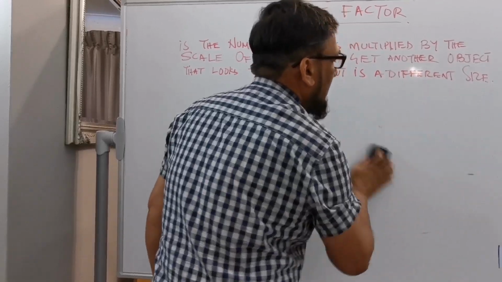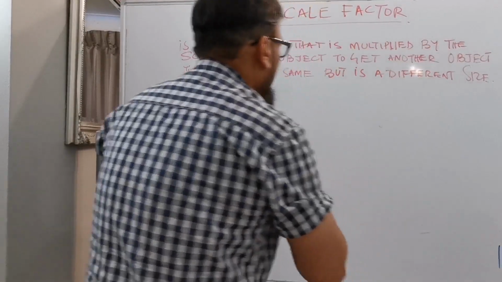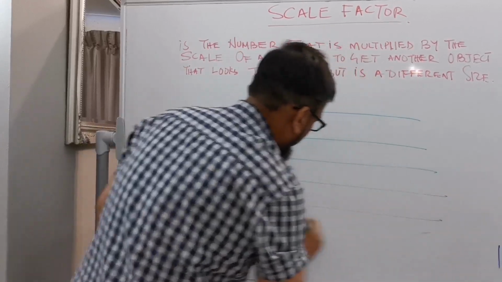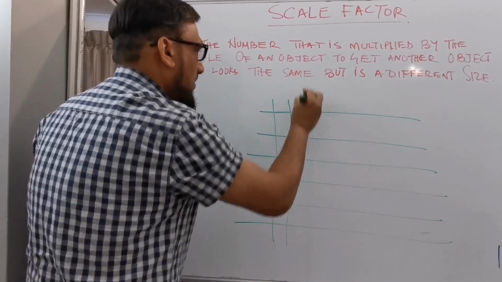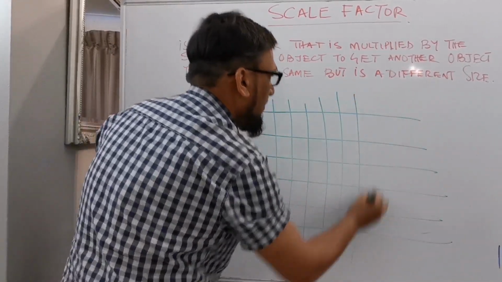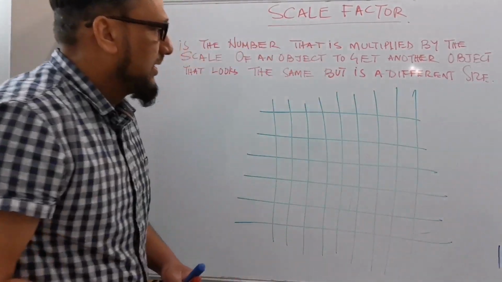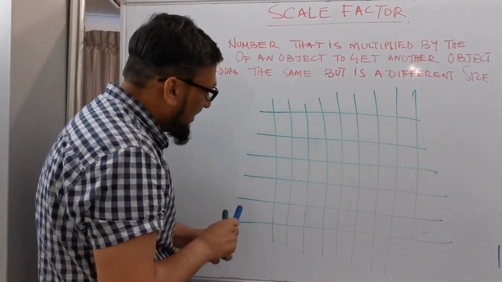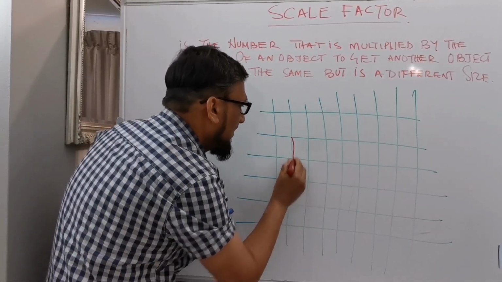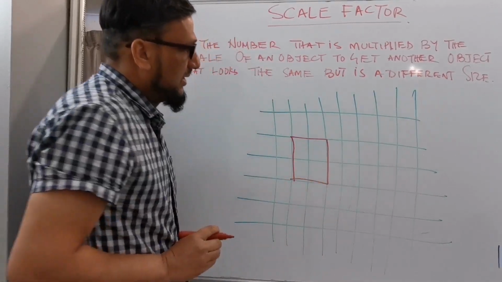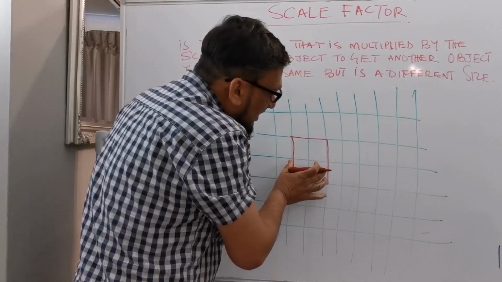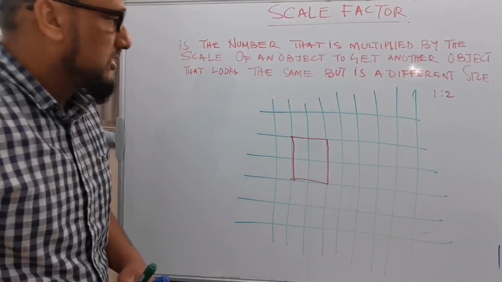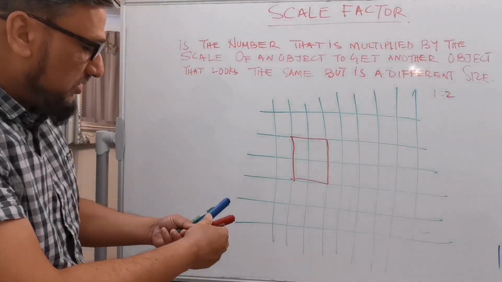If there is a grid, and there is a square, and they ask you to enlarge this square by 1:2, you simply need to increase it.